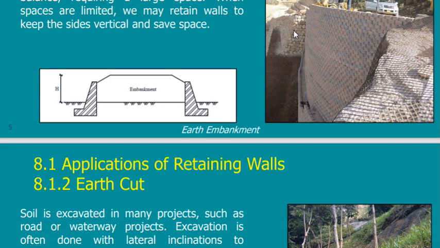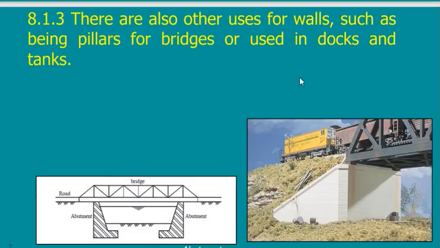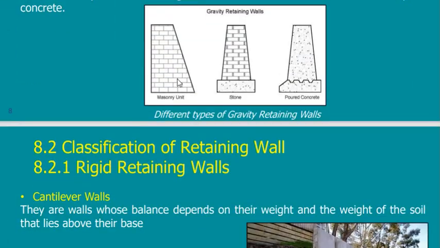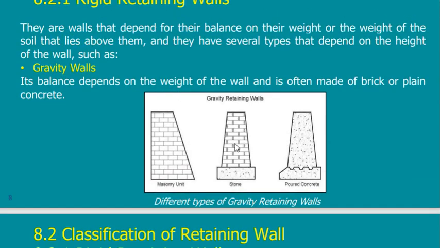This is a gravity wall, because it is just pieces of stones on top of each other, maybe masonry, maybe concrete, but bulk, massive concrete. Or the stones or the masonry units, you put mortar in between to fix them together or to keep them in place.